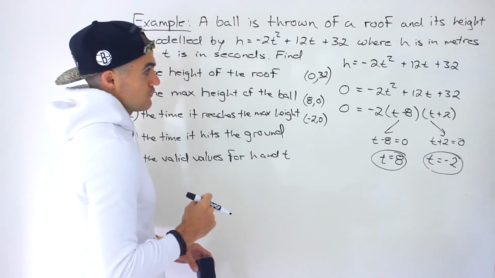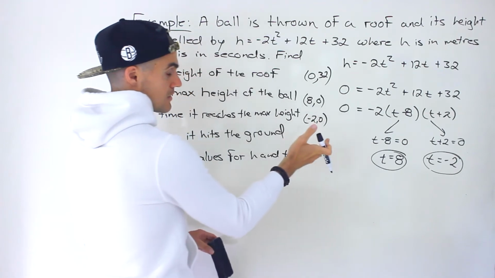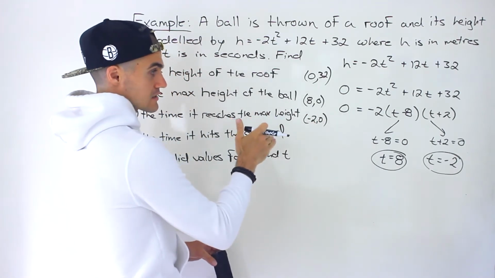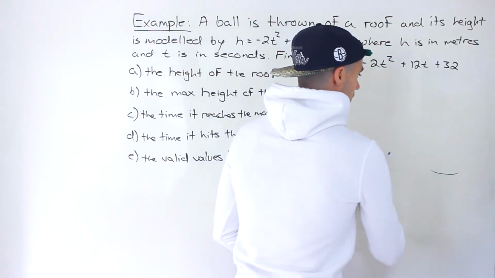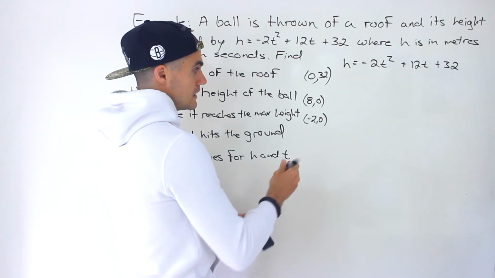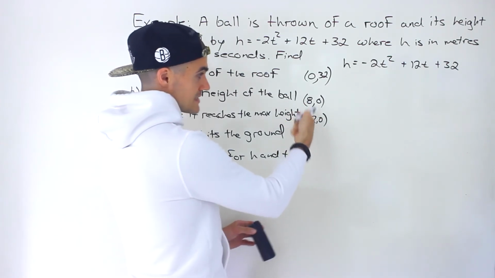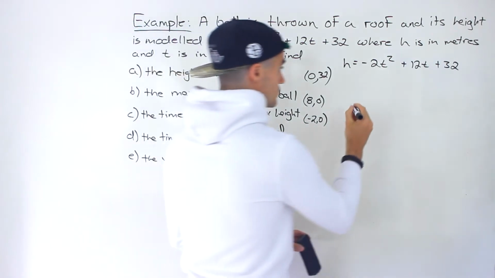Now, what else can we find? We have the y or the h-intercept, and the two t-intercepts. Notice that we could find the vertex as well because we have those two t-intercepts. If you remember, the t value of the vertex, the axis of symmetry, is going to be between those two t-intercepts.